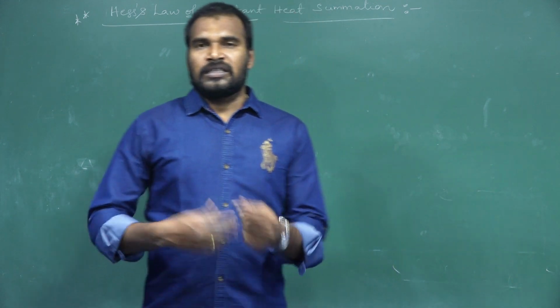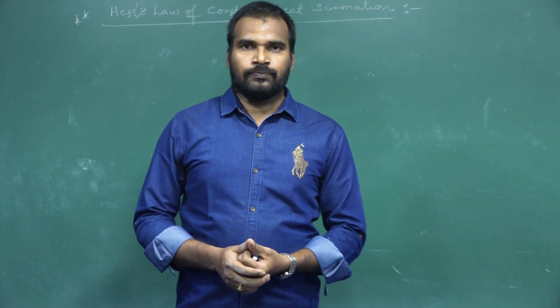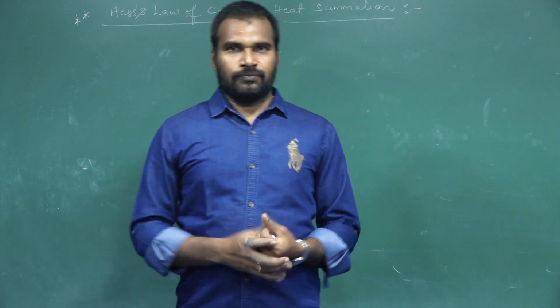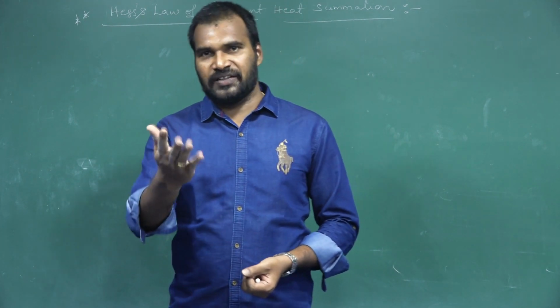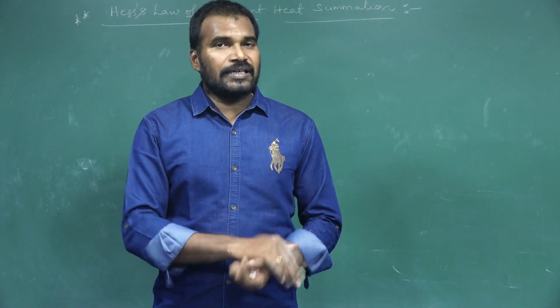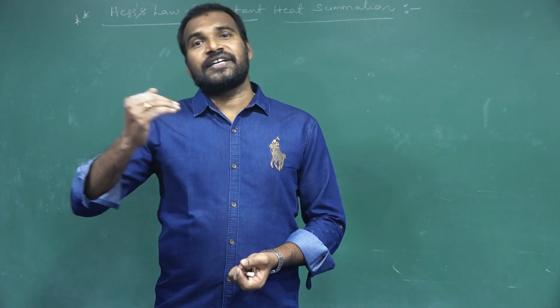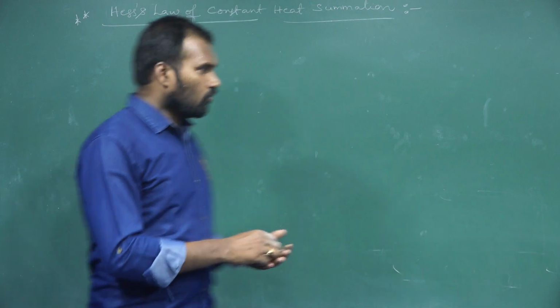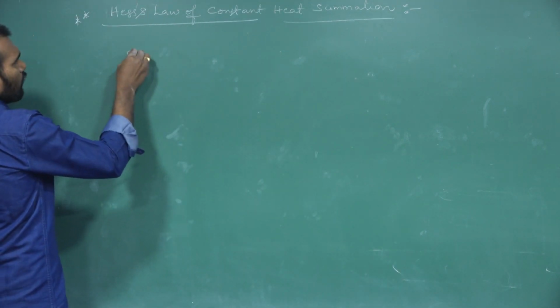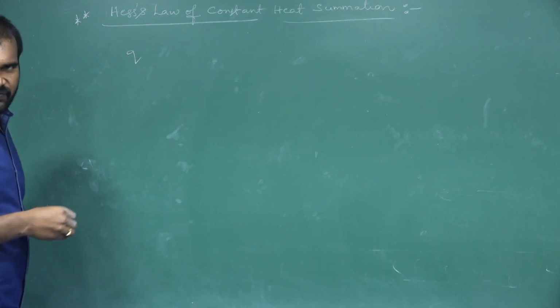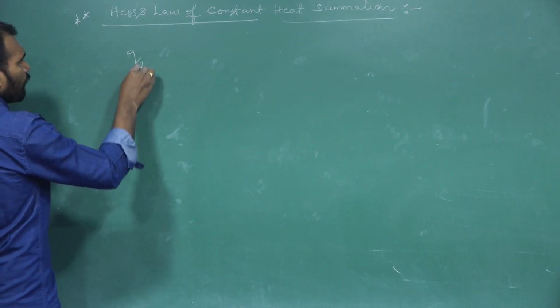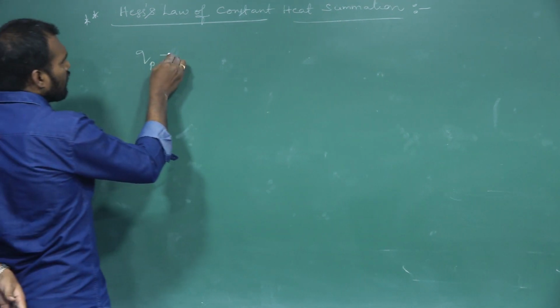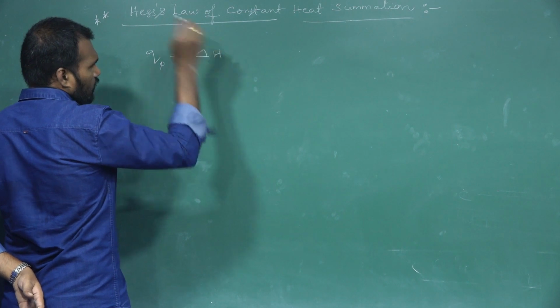As we know, the heat content of the system at a constant pressure we call del H, change in enthalpy. The heat content of the system at a constant volume we call change of internal energy. So heat, which we generally represent with Q, at a constant pressure, QP, is nothing but del H, enthalpy.